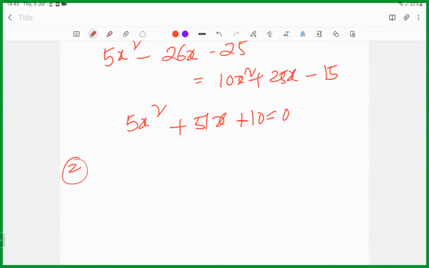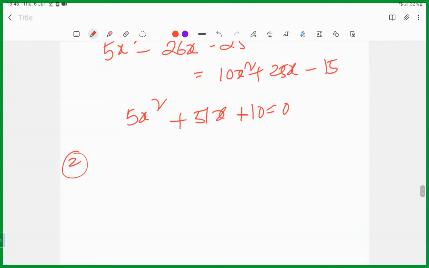Anyway, there are three options, right? What are the three options? A plus or minus 1 is one option. A equal to 0. If a equal to 0, it's not a quadratic equation, right? So all the three options will go out. You don't need to even solve. If a equal to 0, it's not a quadratic, so you don't need to solve it.